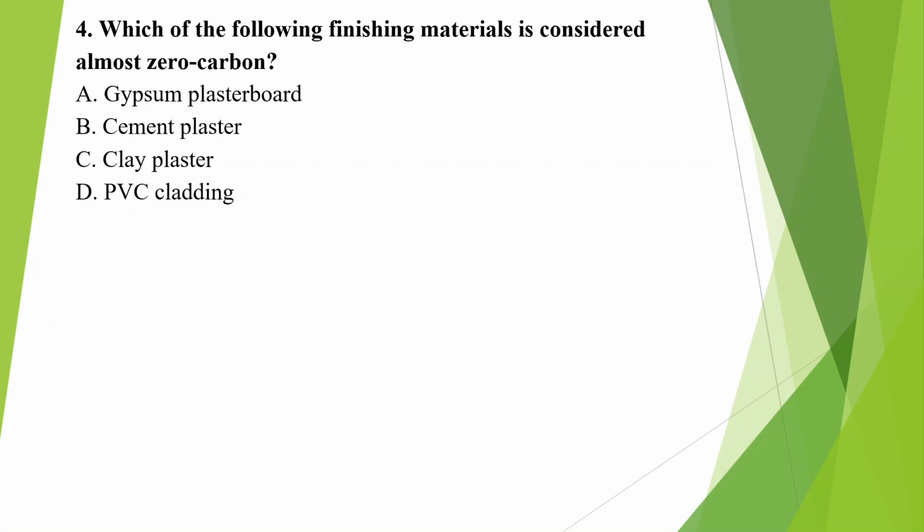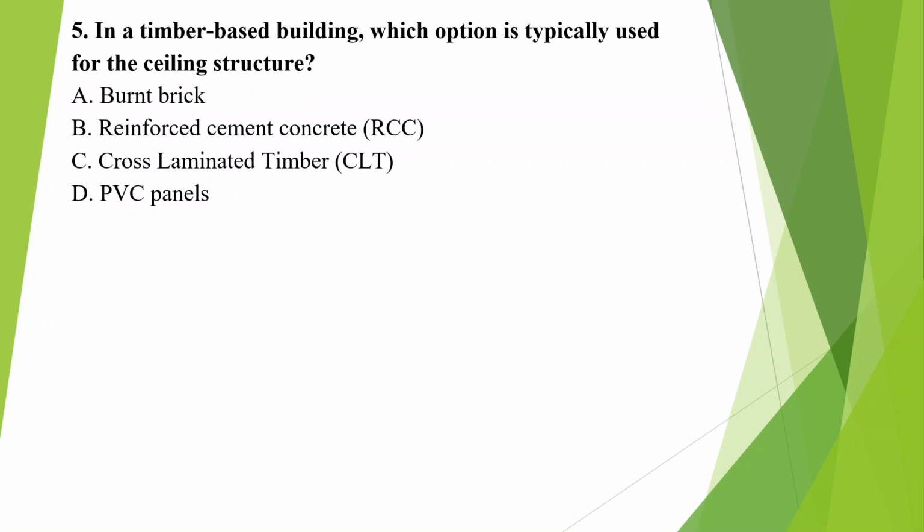The clay or mud plaster requires minimal extraction, manufacturing or transport energy, as I have already discussed, and being local and natural, it contributes negligible or zero, or very low, embodied carbon emissions. That's why option C was the correct answer for question number 4. All of you have marked it correctly. So let's move to the fifth question.